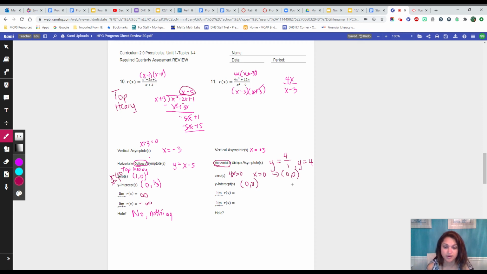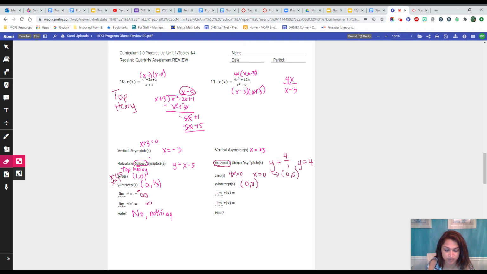All right, the limit of the function as x approaches negative infinity. I think I did this one backwards. The left was negative infinity and the right was infinity. I didn't look at that carefully. All right, so as I look at the function as x approaches negative infinity for this one, I put it in my calculator.